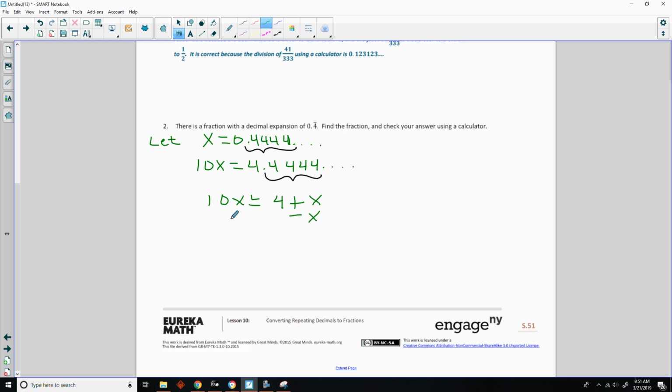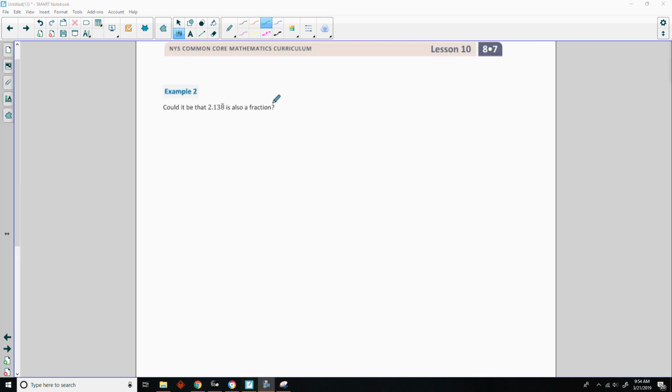Subtract x from both sides, and I get 9x equals 4, and divide by 9, and I get x equals 4/9. If you check your answer with your calculator, I'm not going to do that, but 4 divided by 9 is 0.4 repeating.